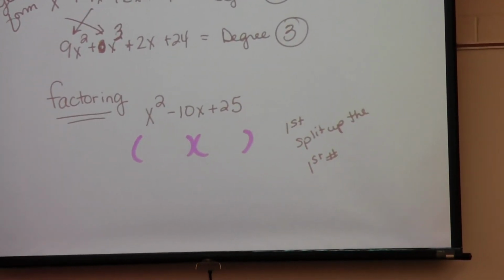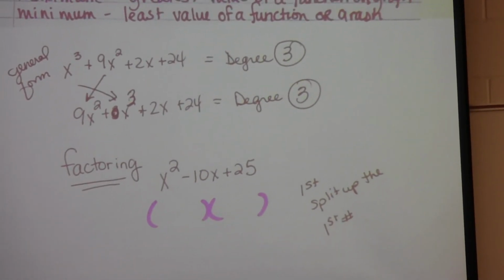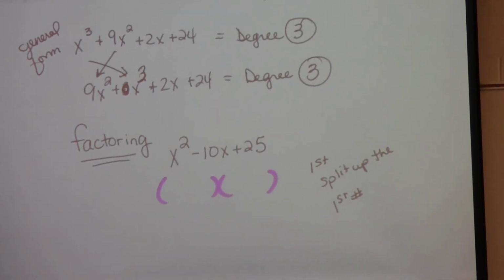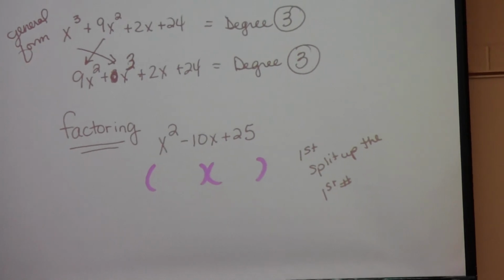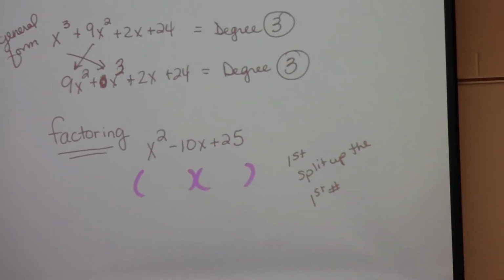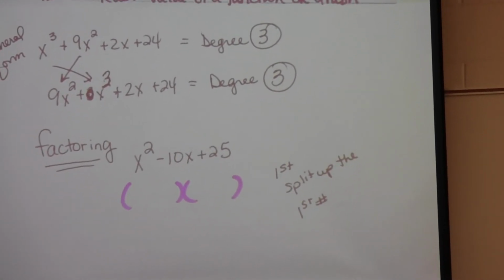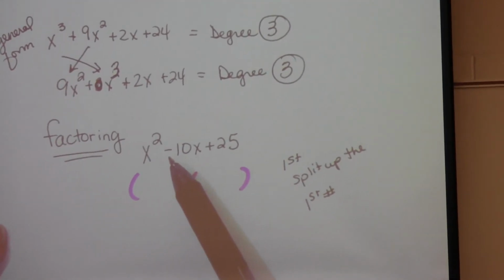And the truth is, factoring works great for things that are x squareds and not so great for things that are not. So if you end up with an x cubed function, I would graph it and use my table. Okay? And even for this function, if I couldn't remember how to factor, I could graph it and either look at the graph or look at my table as well. But for now, we're going to just practice one through here.